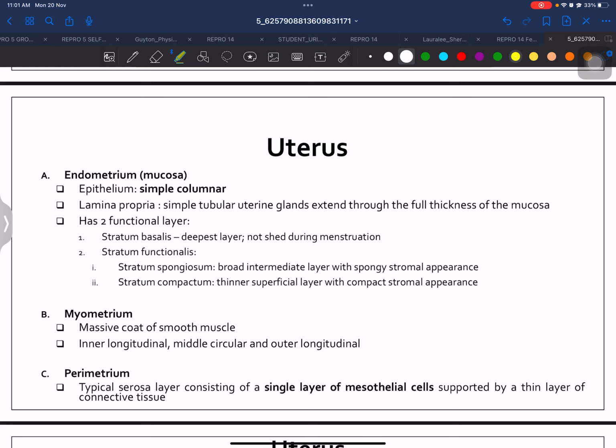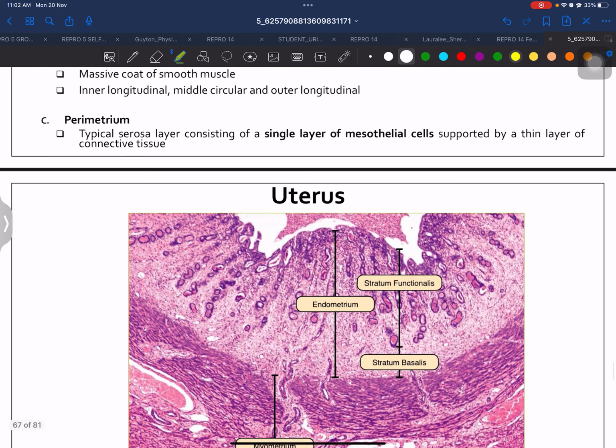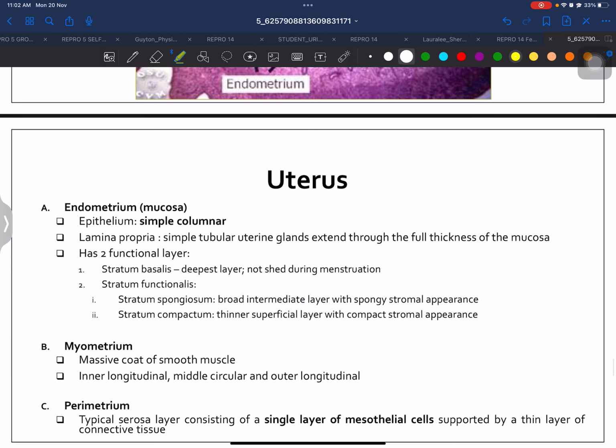There is the mucosal layer, endometrium. Then below it we have the myometrium, a massive coat of smooth muscle, arranged in inner longitudinal, middle circular and outer longitudinal. And the perimetrium is lined by the serosa layer. So these are uterus punya histology.